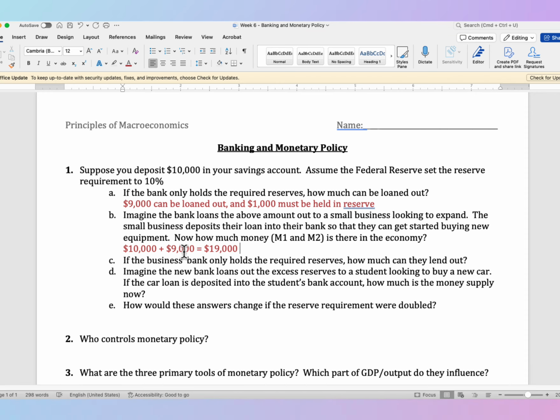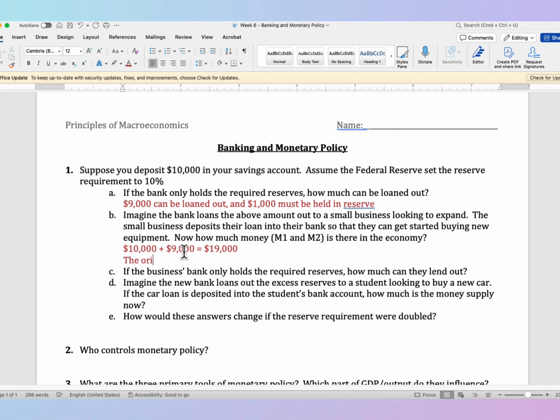And that's how fractional reserve banking works, right? The original $10,000 is added to the $9,000 loan the bank issued. Right now we have almost, not quite, twice as much money, and that's because of that reserve requirement.